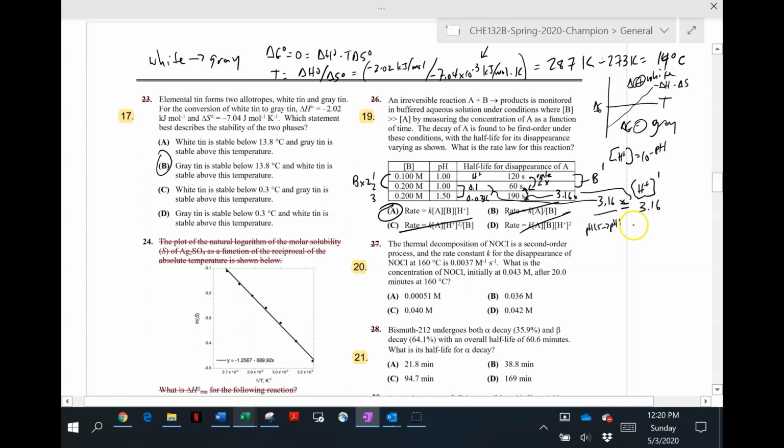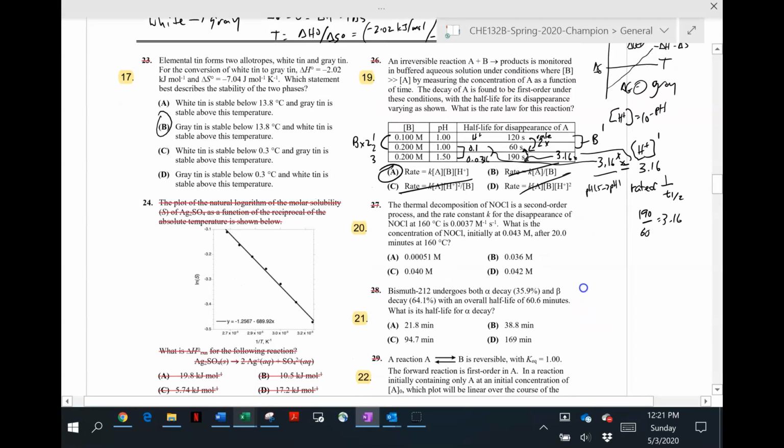I get that since the rate is inversely proportional to the half-life, I can say 190 over 60, and get 3.16. And 3.16 to the x equals 3.16 is only true when x is equal to 1, so it's first order.